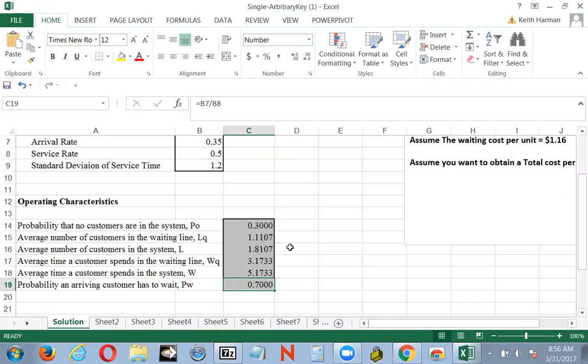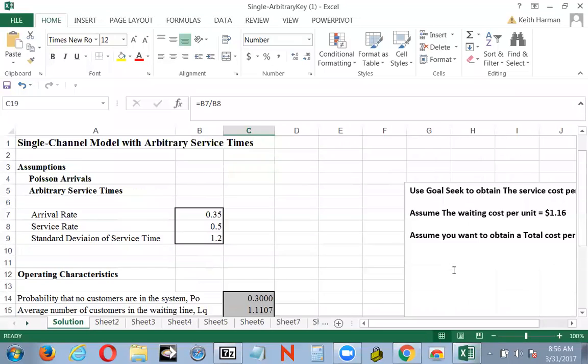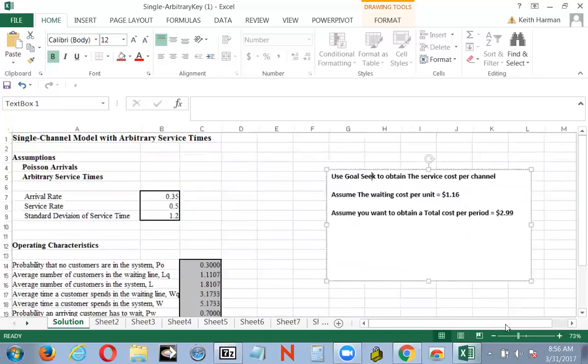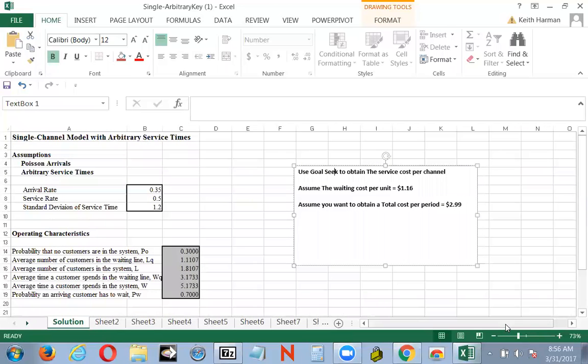Then here in this file, which is a key for this, I have this for you. You use Goal Seek to obtain the service cost per channel, and assume the waiting cost per unit is $1.16, and then assume you want to obtain a total cost per period of $2.